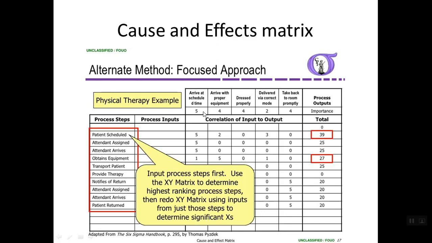This one times this plus this one times this. 5 times 5, 25, plus 2 times 4, 8. So 25 plus 8, and plus 3 times 2, 6, so you get 39. So this is the cause and effect matrix.